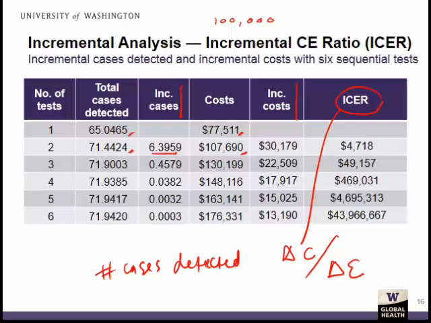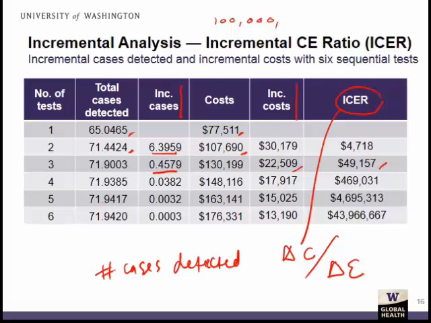Now let's do that for the third case. Now you only get an additional half a case, but you have to pay $22,000. So per case detected, you're nearly $50,000. Now if you go to the fourth, you get just a small fraction of a case detected. Remember that this is a fraction, a very, very small number.